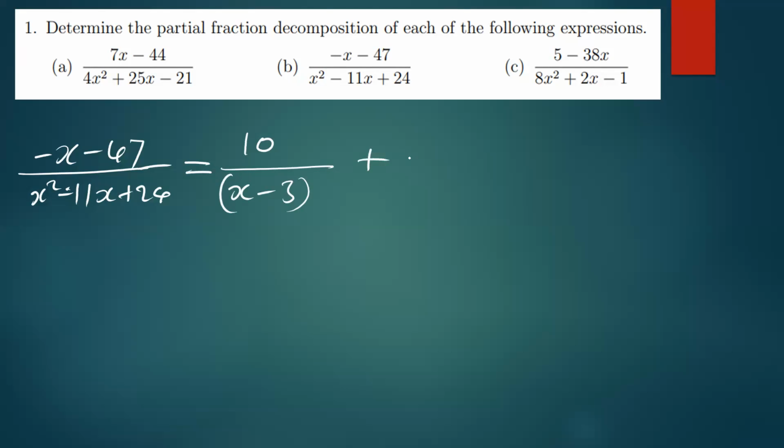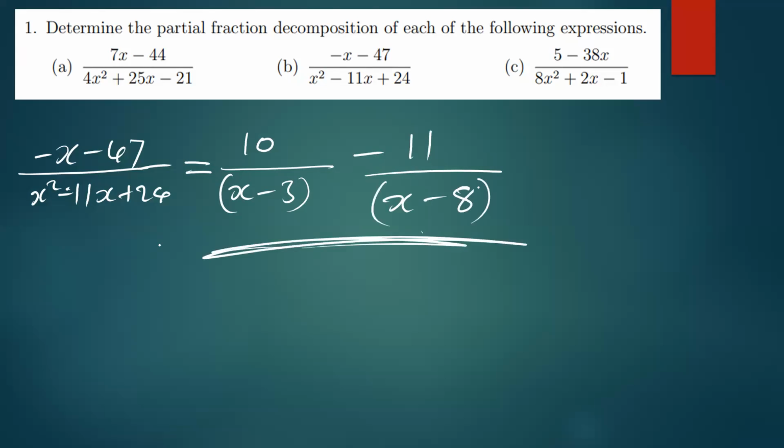Then our second one was, the value of b was negative 11. So we put negative 11 there and then over x minus 8. So this is our final solution.